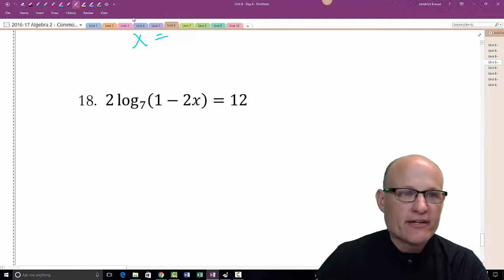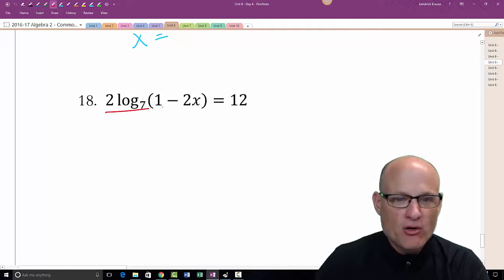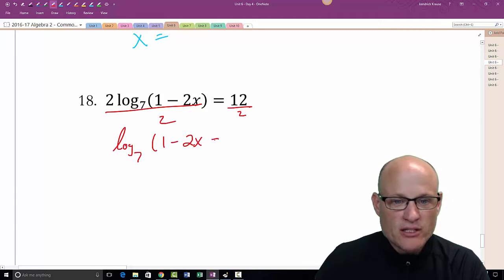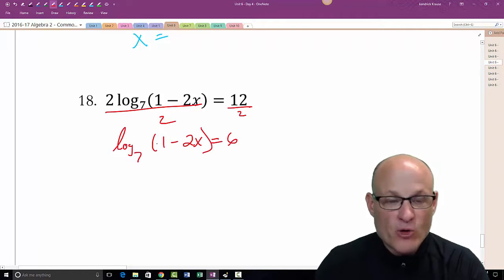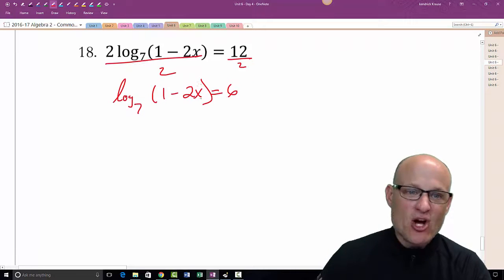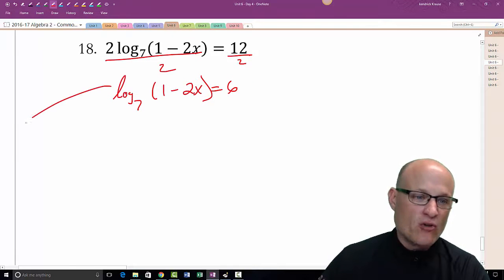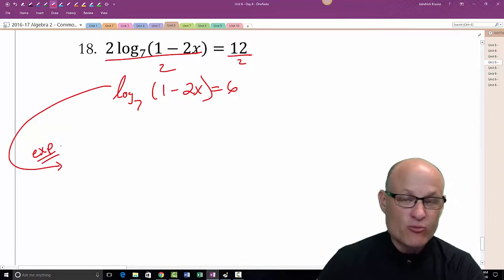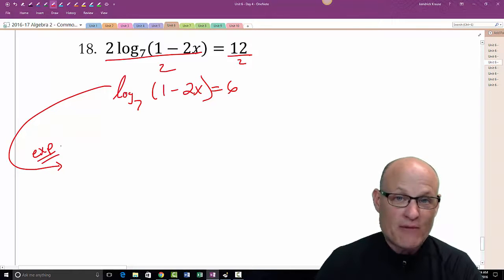All right, let's get this weird thing alone. So we're going to divide by 2. Divide by 2. Divide by 2. So I get log base 7 of 1 minus 2x equals 6. Now, don't freak out. This is a log function. In order to solve a log function, we have to turn it into an exponential. That's really, truly the one thing you have to remember.